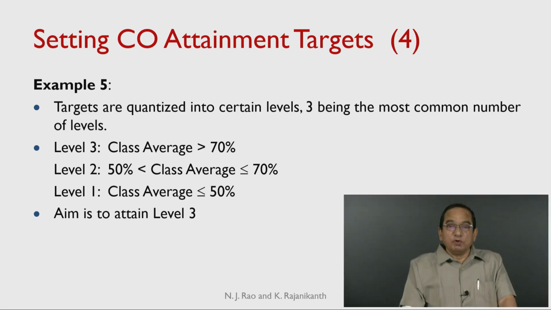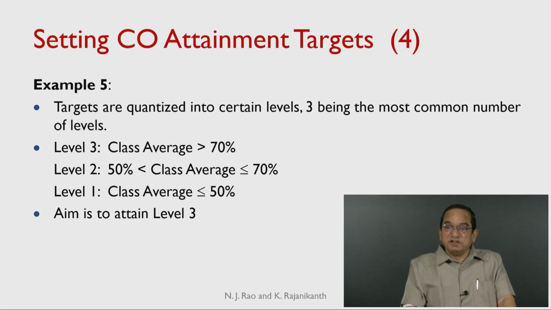There can be one more method of setting the CO attainment targets. Targets are quantized into certain levels, with 3 being the most common number of levels. That means instead of specifying a percentage, we specify the targets in terms of levels. Level 3 is characterized by stating that the class average is greater than 70%.